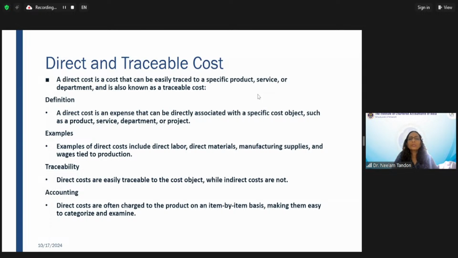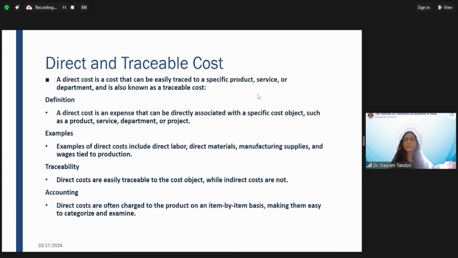So direct cost is basically can be easily traced to a specific product. कुछ भी आप production करते हैं, उसके लिए क्या होगा, उस product के लिए एक specific design के लिए आपने R&D किया. So R&D की cost, research and development cost. Then you go for experimenting that a product will be like good for my consumers or not. जब आप उसको experiment करते हैं, जो experiment की cost आपकी हो रही है, that is also direct cost.